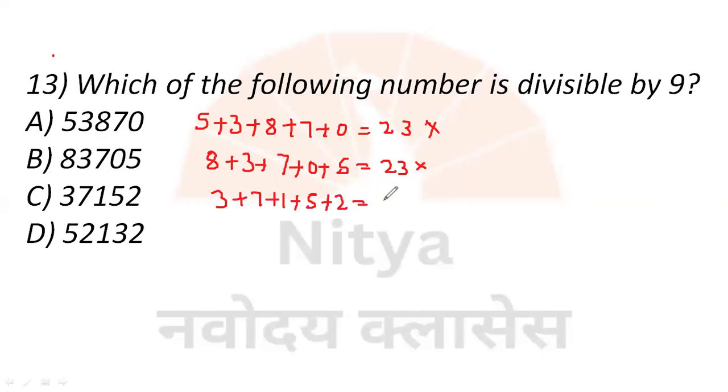What comes? 18. Yes, 18 is divisible by 9. 9 2s are 18. So our answer will be option C. When we add the digits of the other number, we get 13. So 13 is also not divisible by 9. Okay, so option C is our answer.